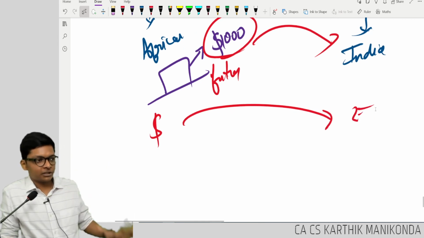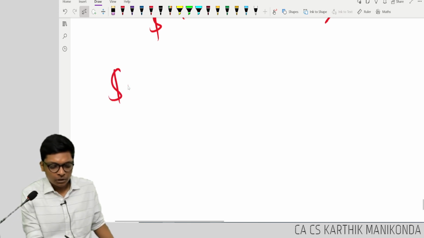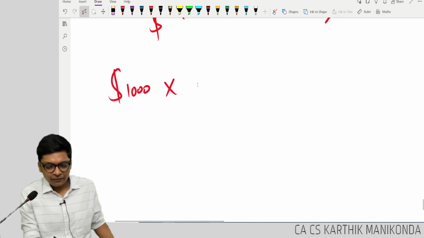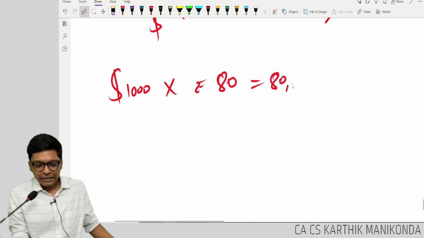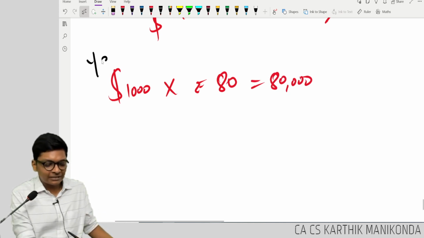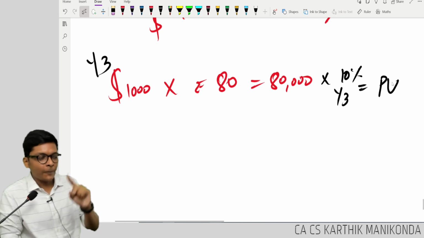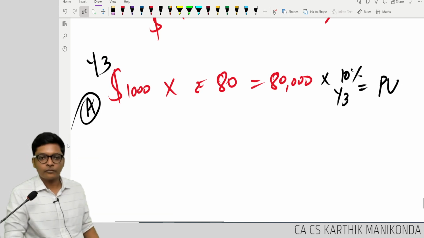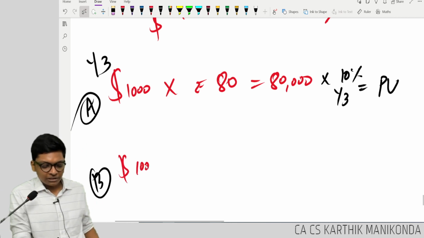I will give you two options. You pick what you think is correct. First option, $1,000 convert to rupees, assuming the rupee is 80, make it 80,000. Let's assume this is year 3 cash flow and then multiply with 10% of year 3 and find present value. Option 1, we'll call it option A. Option B, $1,000.